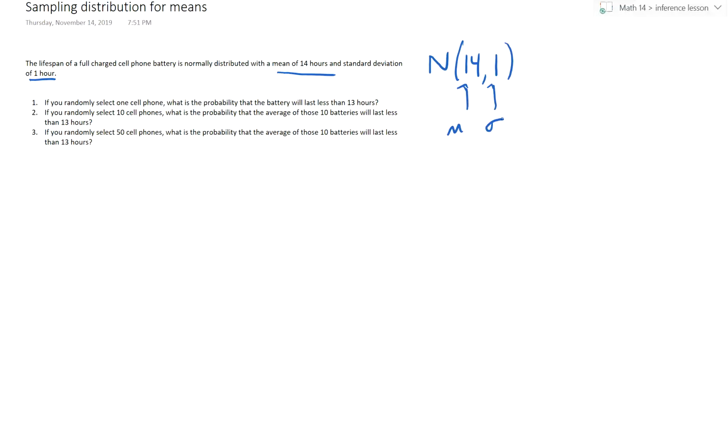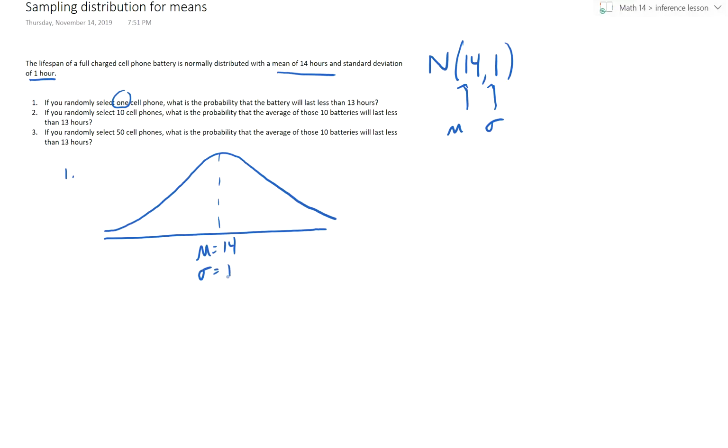Okay, so take a look at question 1. It says if you randomly select one cell phone, what's the probability the battery will last less than 13 hours? Well, I'm selecting one cell phone. I know the distribution of all cell phones is normal, and I know the mean is 14 and the standard deviation is 1.